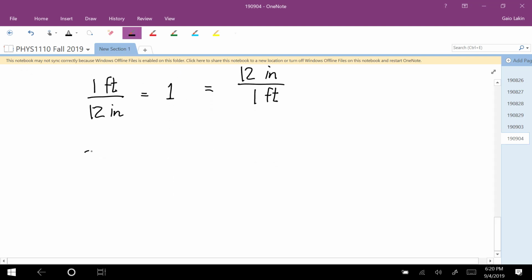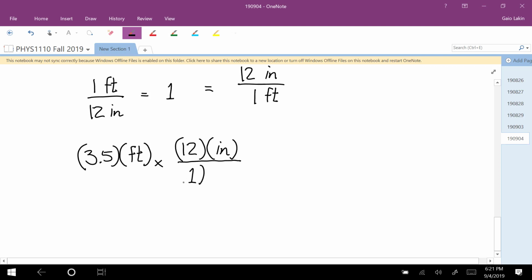So we're going to start with 3.5 times feet. And I'm going to multiply this by, I'm going to use this one, and I'll talk about why after this, 12 inches over 1 times feet.